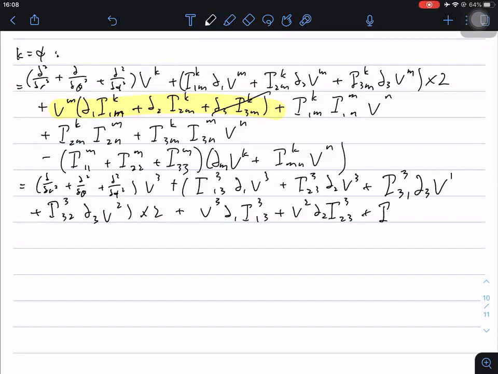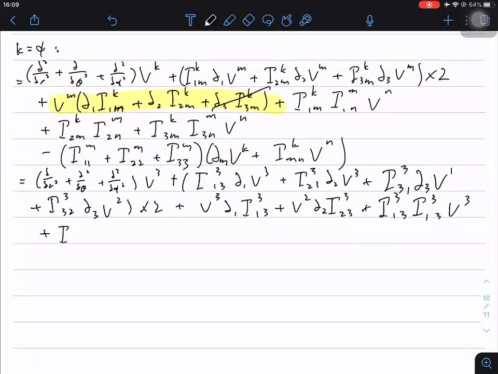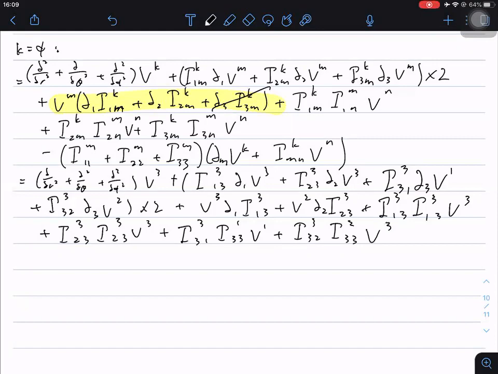So next, we keep expanding it. 1 3 3 1 3. And next 3 2 3 and 3 2 3 Vn V3. And finally 3 3 1, 1 3 3 3 1, and also 3 3 2 is non-zero, so 2 3 2 3 3 V3.